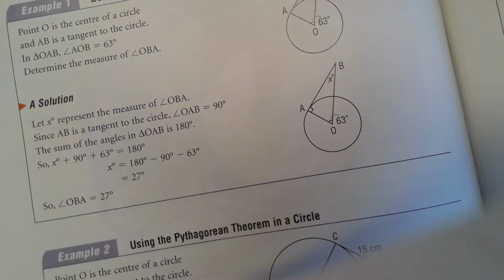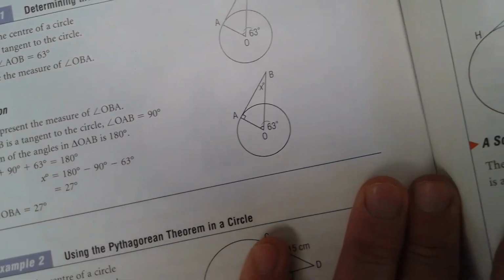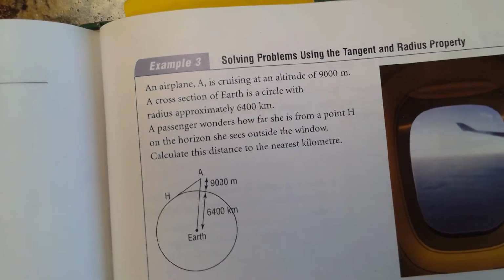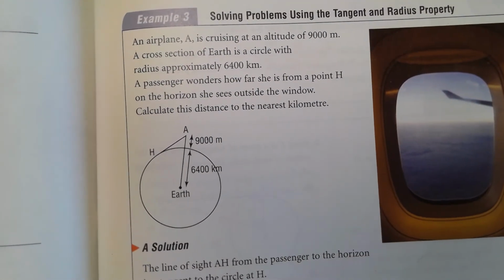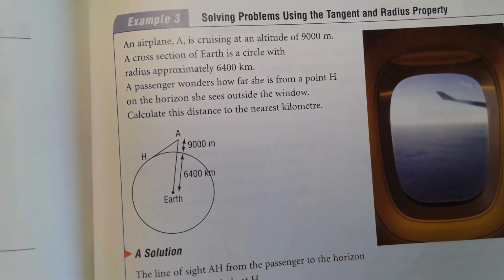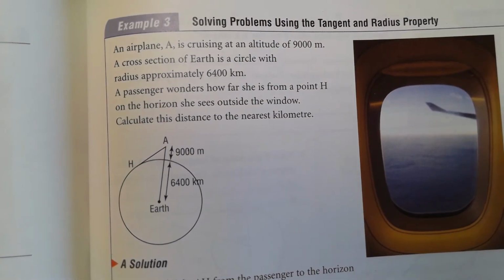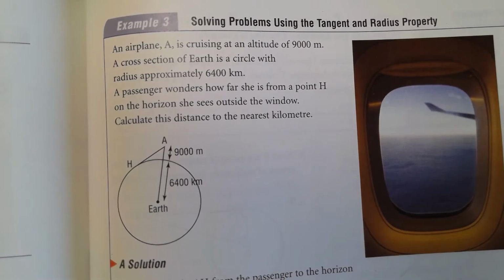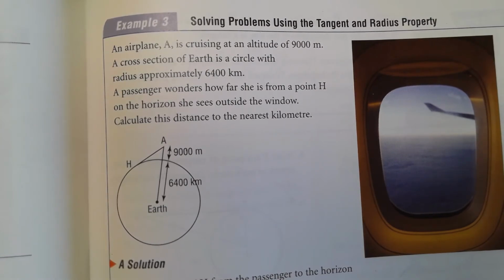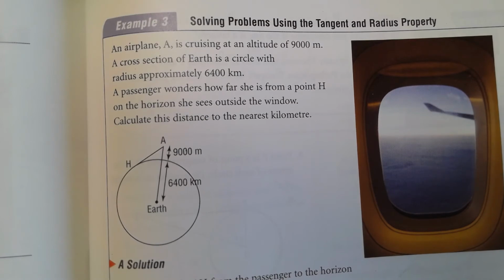All right, let's have a look at the example on page 387, right across here. An airplane, A, is cruising at an altitude of 9,000 meters. A cross-section of the Earth is a circle with radius approximately 6,400 kilometers. A passenger wonders how far she is from a point H on the horizon she sees outside the window.